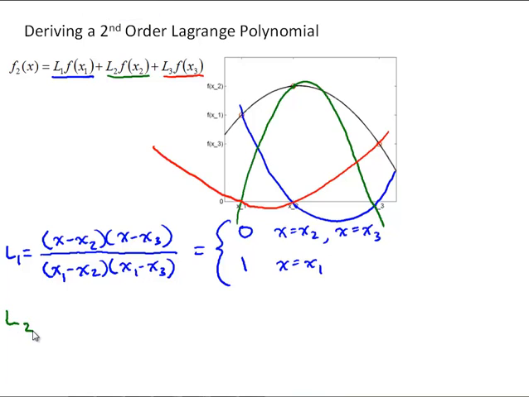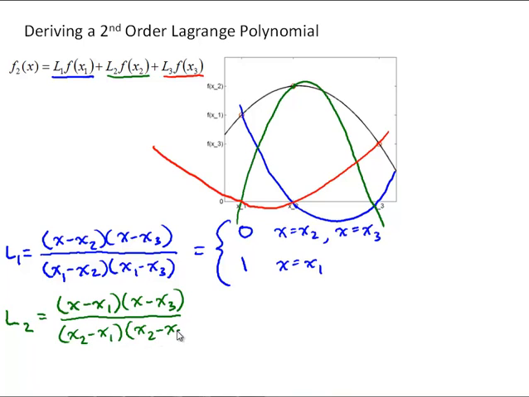So L2 is going to be equal to x minus x1, since we want that to go to 0 where x equals x1, and x minus x3, divided by x2 minus x1 and x2 minus x3. So that one, again, is going to be equal to 0 where x equals x1 and x equals x3, and it's going to be equal to 1 where x equals x2.